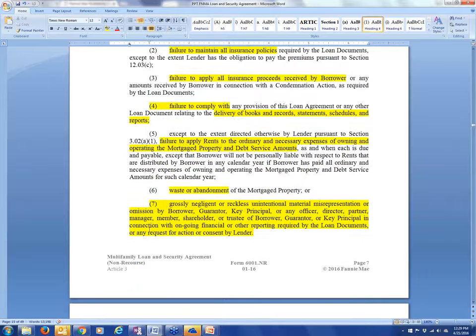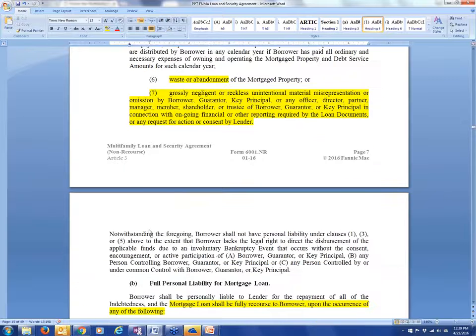If you don't keep good books and turn them over to Fannie Mae when Fannie Mae asks for them, you could be personally liable. If you waste or if you abandon the property, they're coming after you. Forget the non-recourse. You are personally liable. If you do things that are grossly negligent or reckless, unintentional material misrepresentation or omissions, if you're essentially committing fraud, you are personally liable. So just understand, under those circumstances, this non-recourse ability could go away.